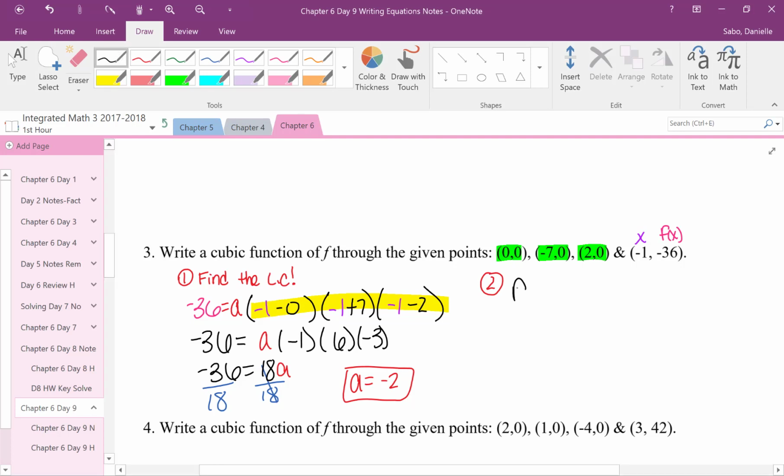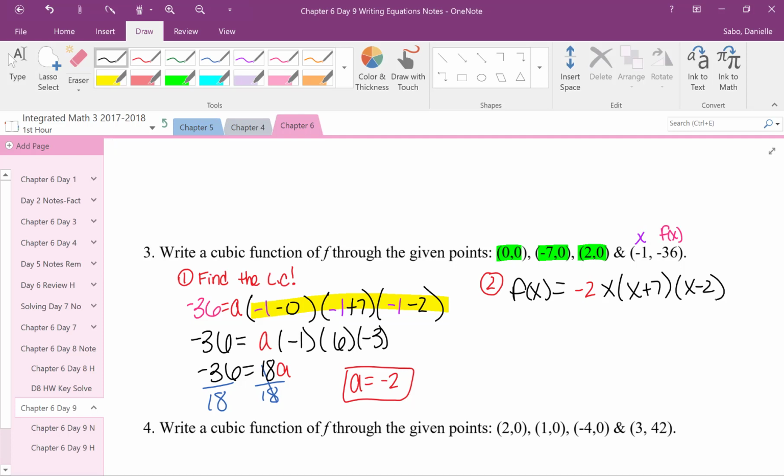I have f of x equals my leading coefficient of negative 2. And now same process as before. x minus 0, but I really don't need that x minus 0, so I'm just going to put x. And then I have that x plus 7, and I have that x minus 2. Go ahead and distribute, because I know you can do that.